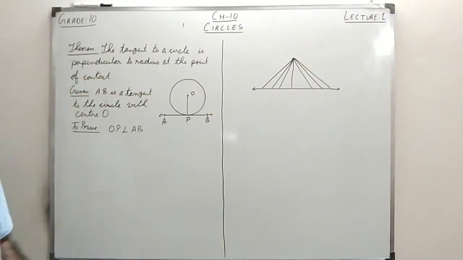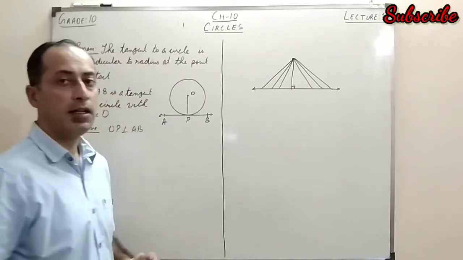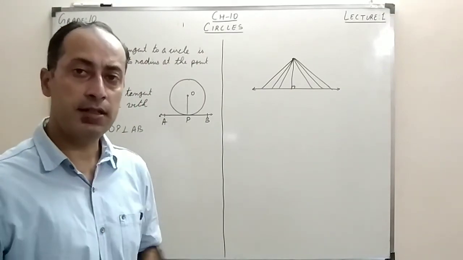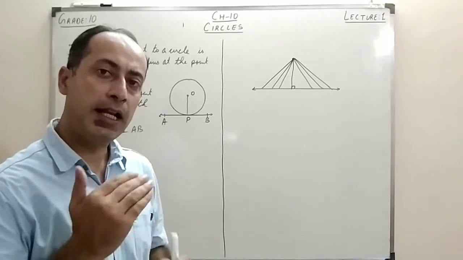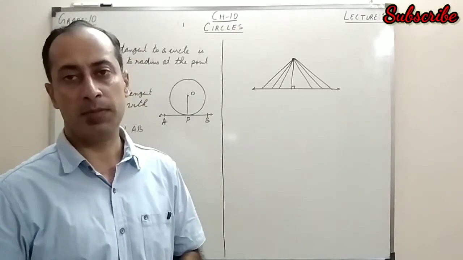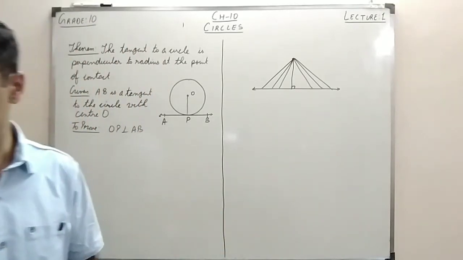The shortest distance is basically the perpendicular distance. So the shortest distance between a point and a line is the perpendicular distance between them. Why I'm telling you this is because this property we are going to use to prove this theorem.